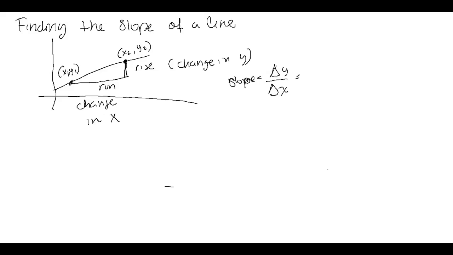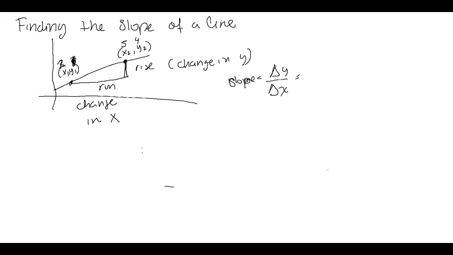So let's say this is 5, this is 4, this is 2, and this is, let's say, 1. Okay, so these are the points. The change in y is how many units right here?